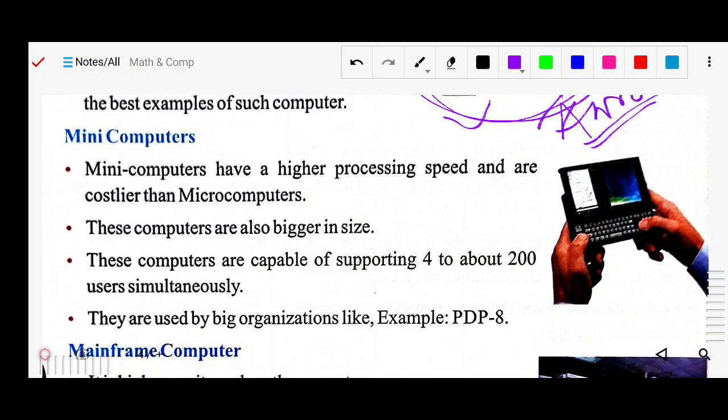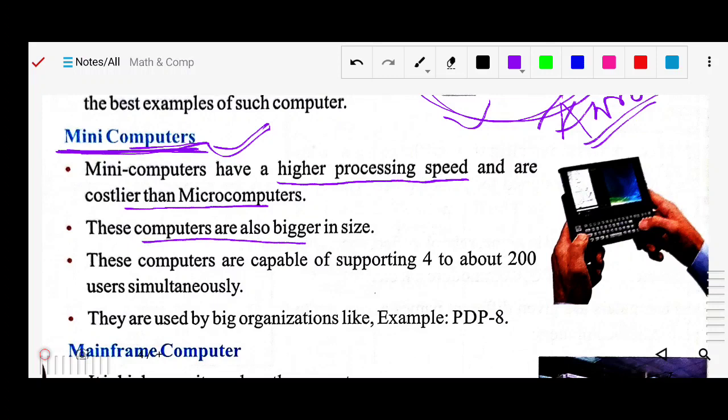Now mini computers have higher processing speed and are costlier. Earlier we studied the microcomputer. We are studying types of computer. First one is the microcomputer, and now next is the mini computer. Its processing speed is high and it is costlier than the microcomputer.